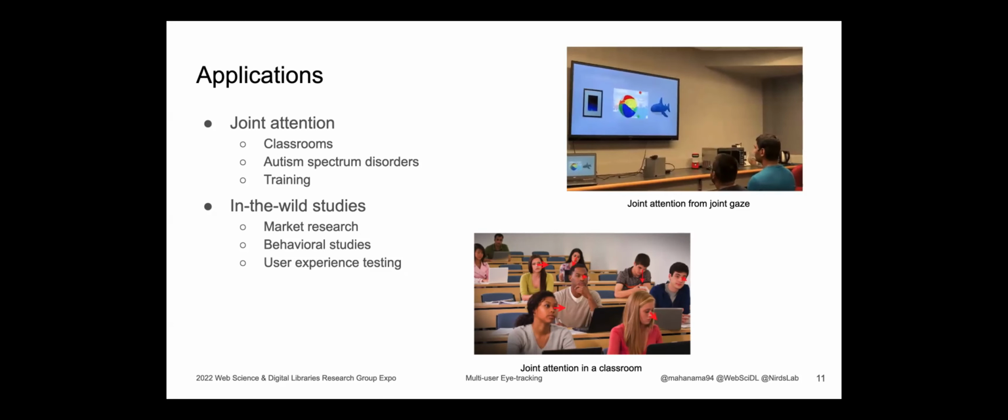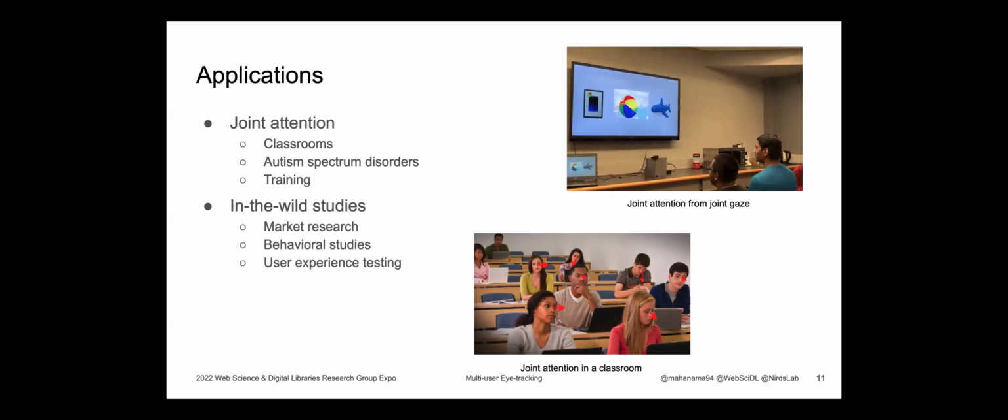That means if I and the other participants are looking at the same object, it can be used to derive information about joint attention. Joint attention is widely used in teaching and learning environments, and in assessing their performance. As a result, we can use joint gaze or joint attention in classroom settings and training sessions.